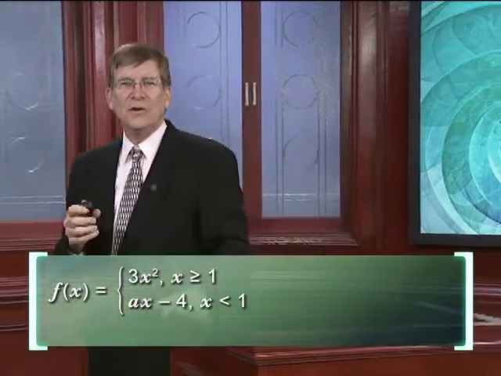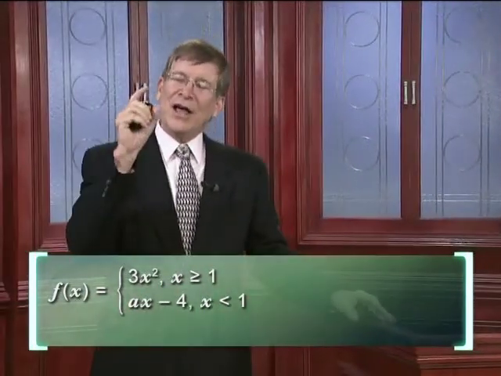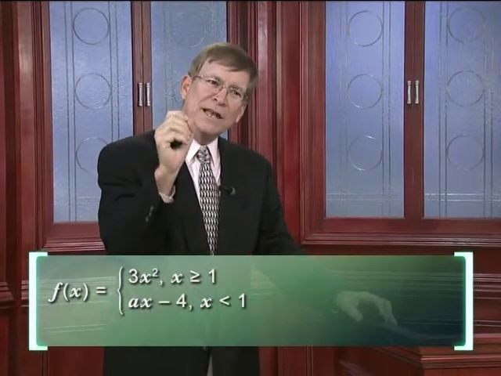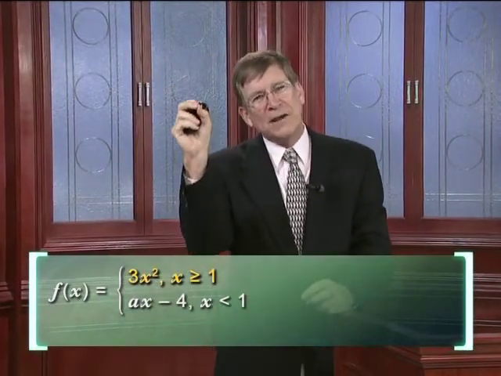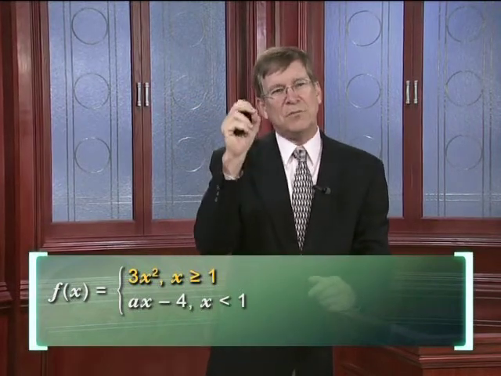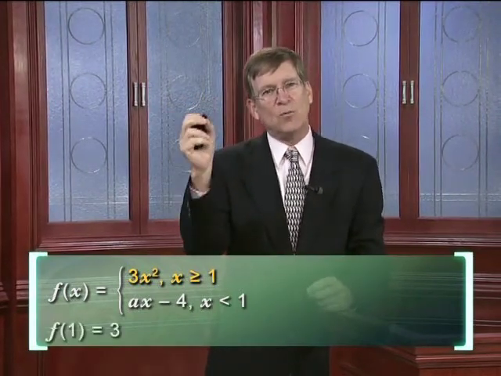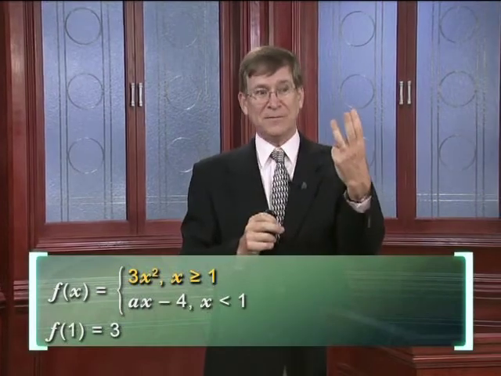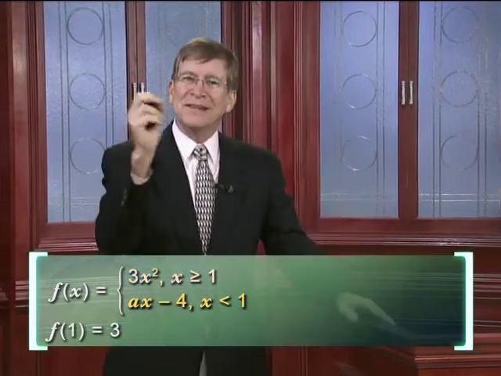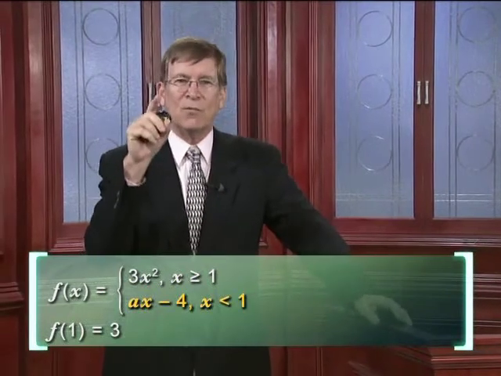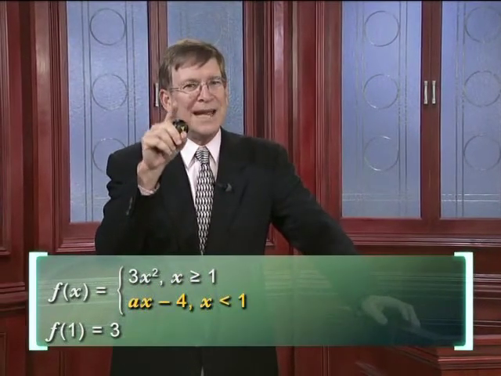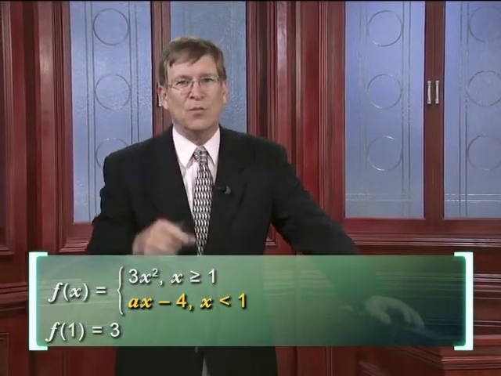So here's our function. Analyzing it near 1, you get the following: when x is bigger than 1, it wants to be 3x squared, so at 1 it's 3. Good. When x is less than 1, it wants to be ax minus 4, but I want, when x is 1, to be a times 1 minus 4.